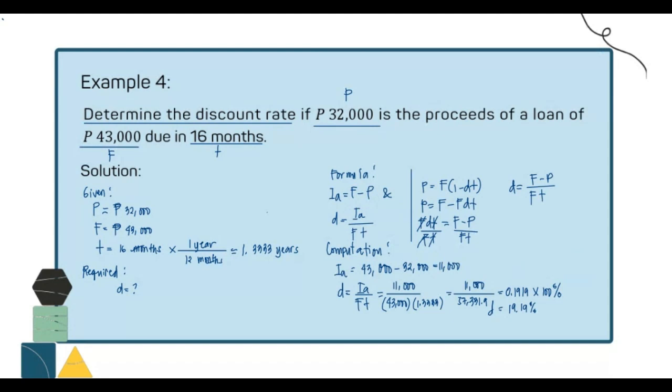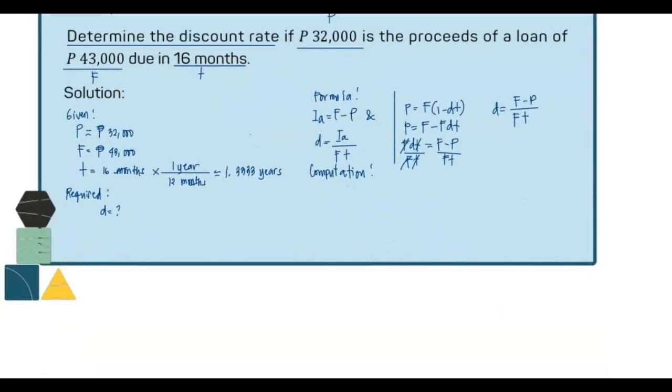Let me erase these writings so that I could show you yung formula for the discount using the proceeds formula, and then show you how we go about the solution. So D is going to be equal to F minus P divided by Ft.